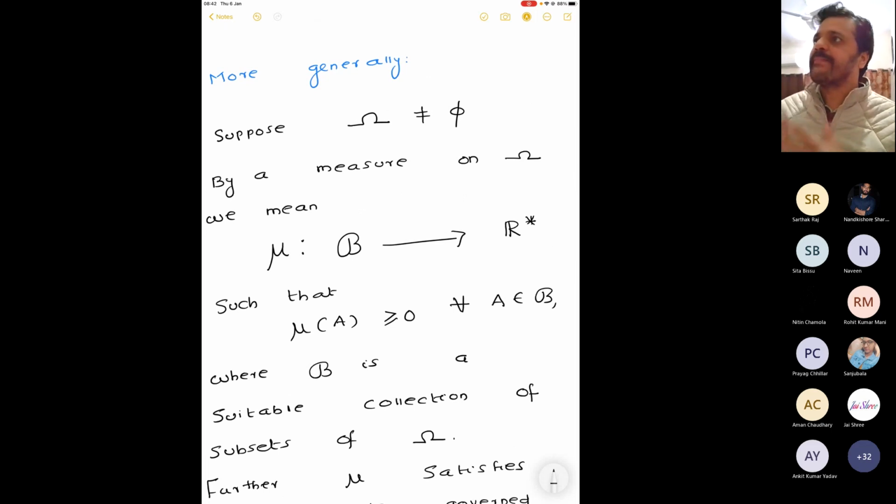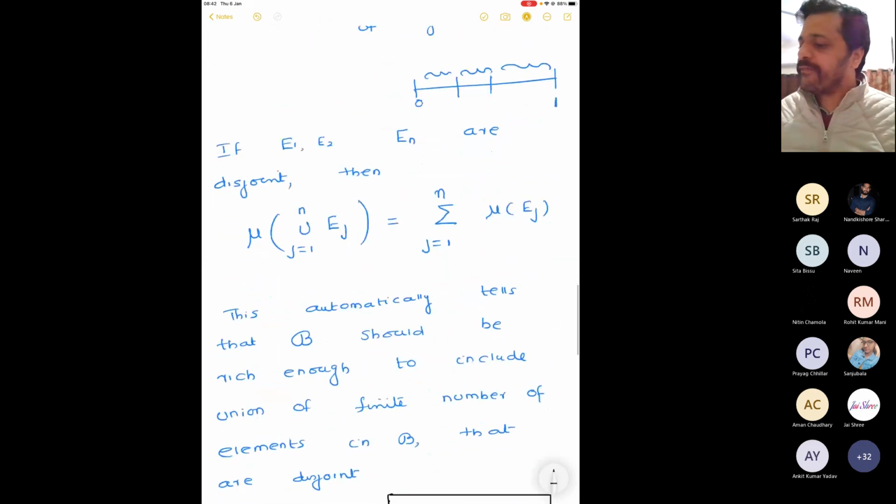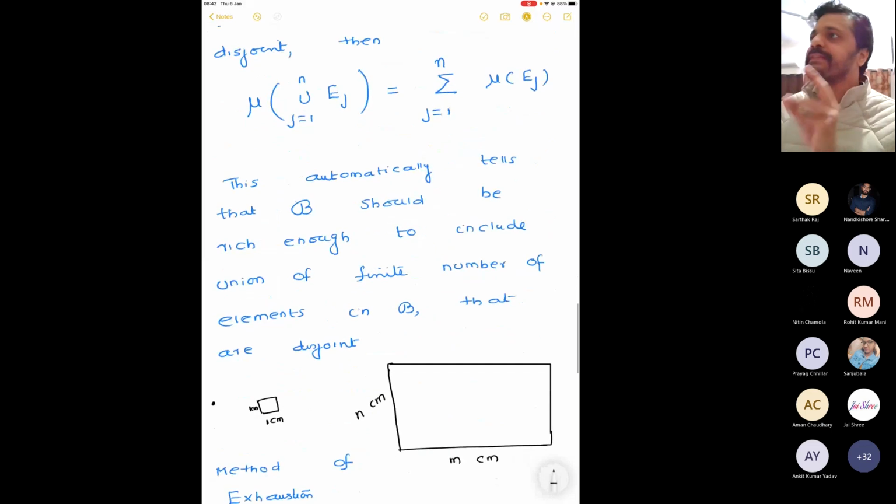It can be R, R2, or anything else. Now, the question is, what suitability are we looking for in B, and what requirements do we want to impose on mu? For that, we are reviewing our own experience of measuring length, area, and so on. The first one was whole is equal to sum of the parts, and the second one was method of exhaustion.